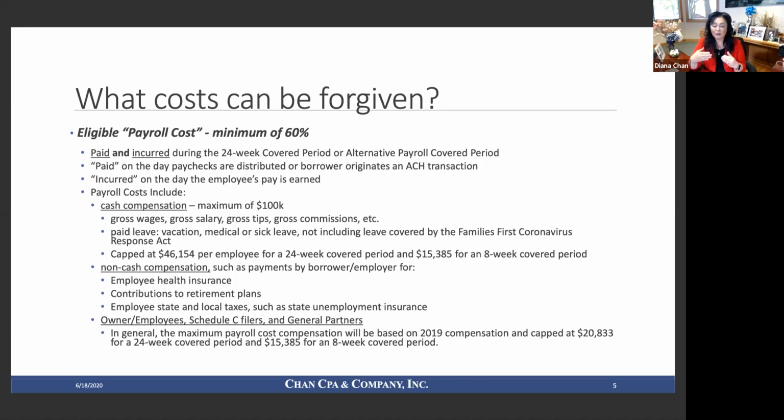So that is very important for the owner employees. Additionally, for Schedule C filers and for general partners of LLCs or 1065 partners, the cap is still $20,833. And also, you need to look back to your 2019 compensation to review what that maximum might look like.